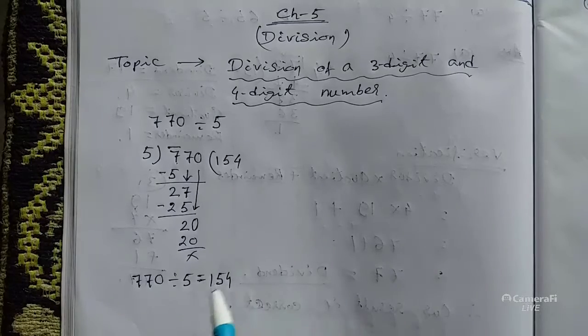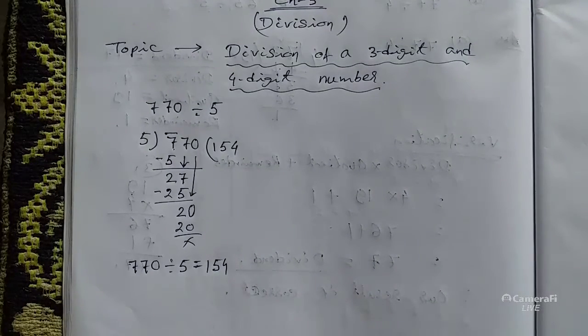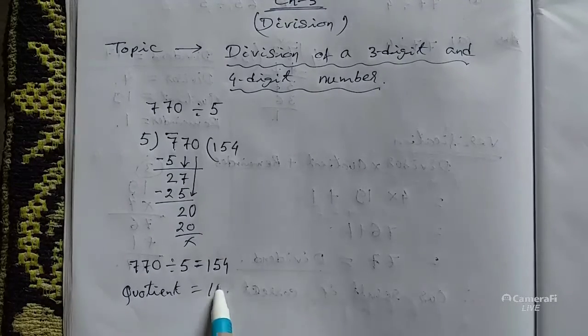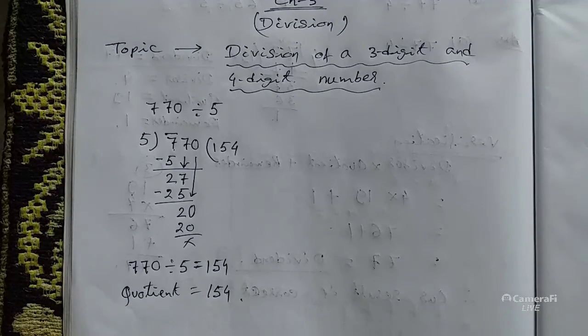The result is 154. Or if we want the quotient, we can write simply quotient equal to 154. So this is the method to find the division of a 3-digit number by a 1-digit number.